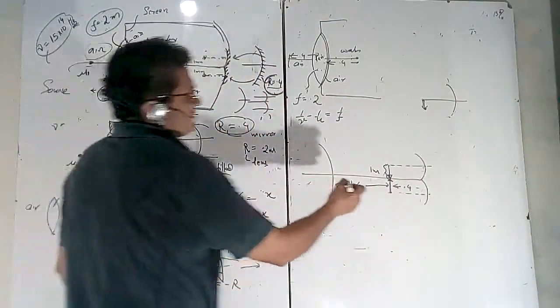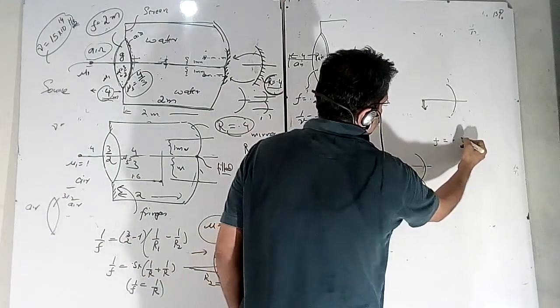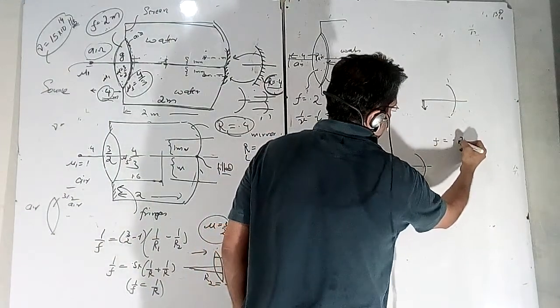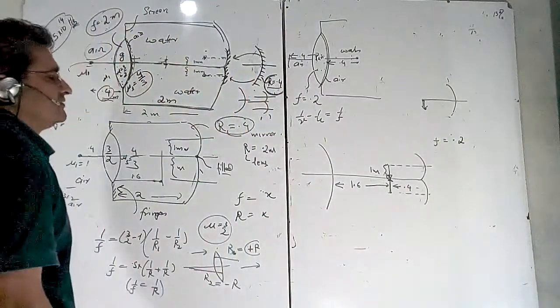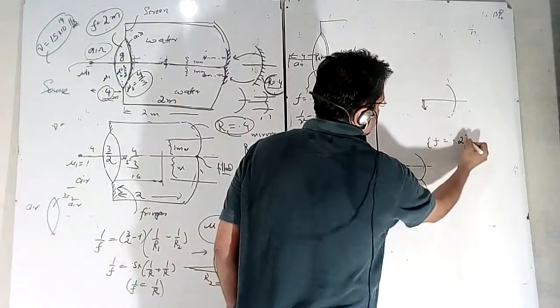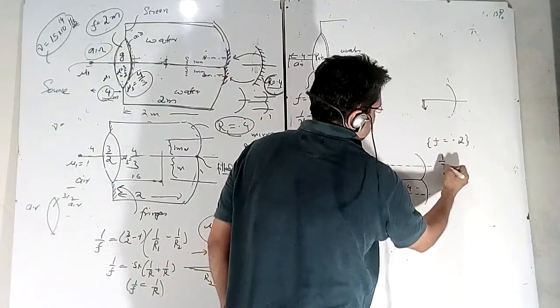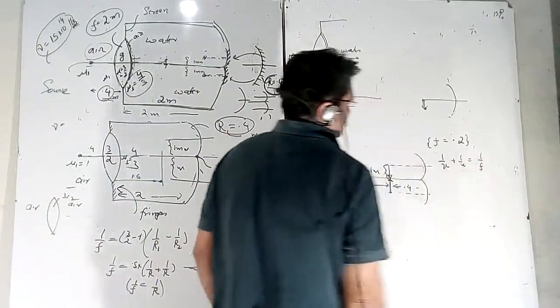Now the radius of curvature of the mirror is 0.4, so the focal length of the mirror is 0.2. In case of a mirror, the radius of curvature will be twice the focal length. So the focal length of the mirror is 0.2. So 1 upon v plus 1 upon u is equal to 1 upon f.